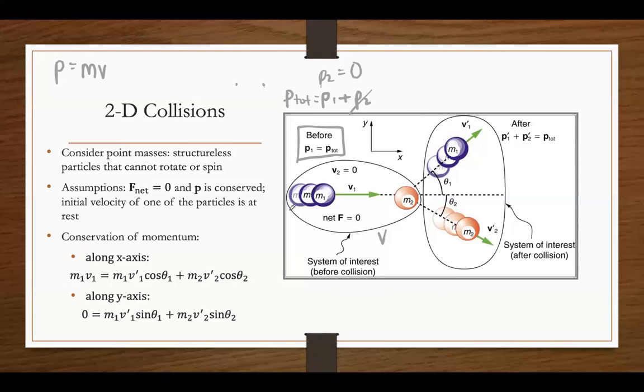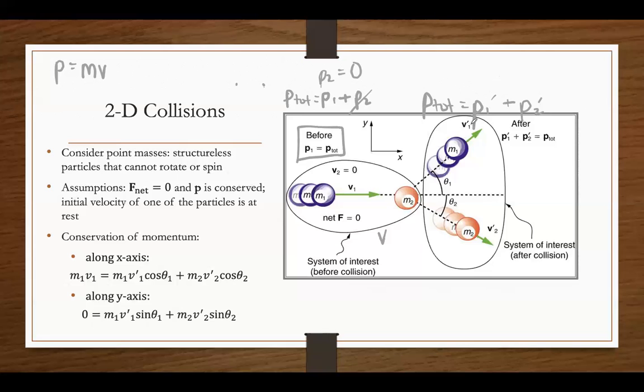Now, these two point masses will collide, or M1, I should say, will collide with M2, and they will go in different directions, just like this shows. We want to understand the momentum in the X and the Y directions. After our collision, we will have some P total, and we'll have P1 prime, the momentum after the collision of the first mass, and P2 prime, the momentum after the collision of the second mass.